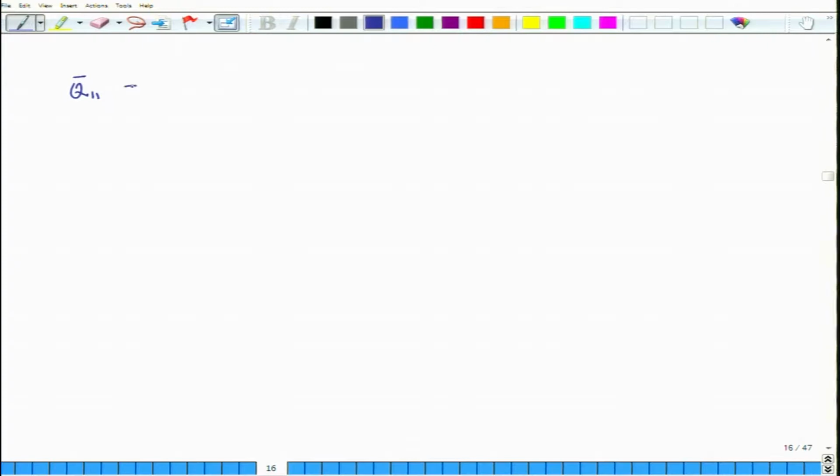Q11 bar equals Q11 times cosine 4 theta plus Q22 times sine 4 theta plus 2 times (Q12 plus 2 Q66) sine square theta cosine square theta. Okay. So, if you know Q11, Q22 and Q66, you can calculate Q11 bar using this relation.